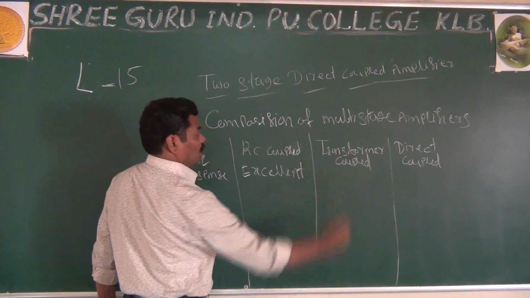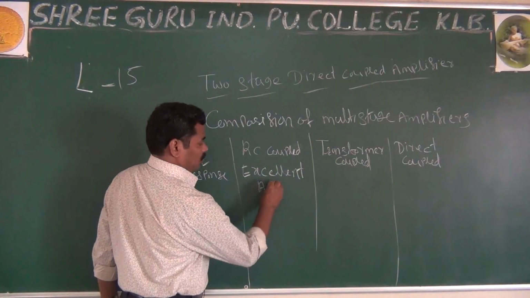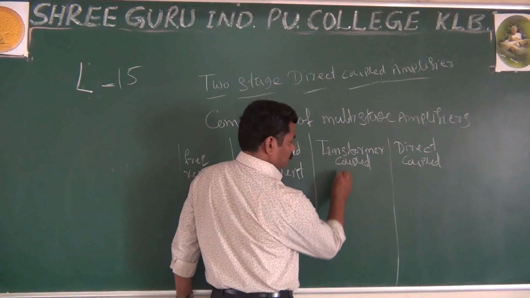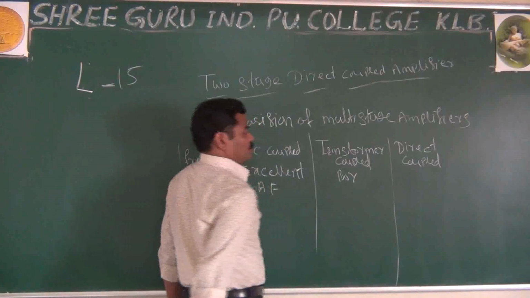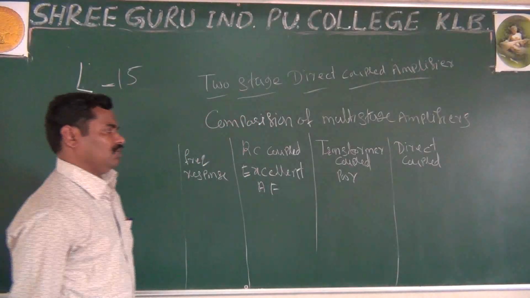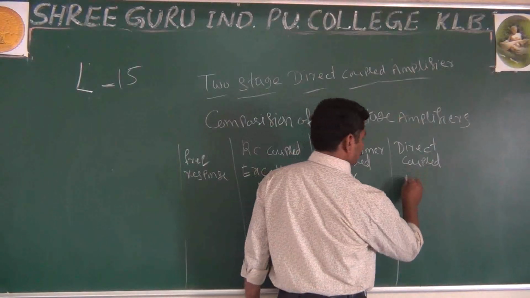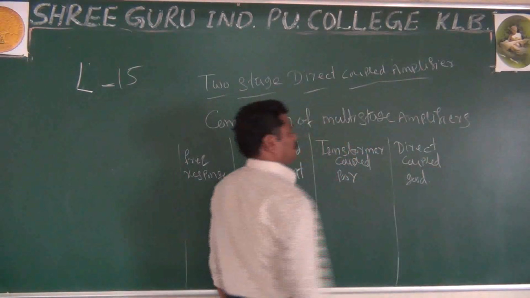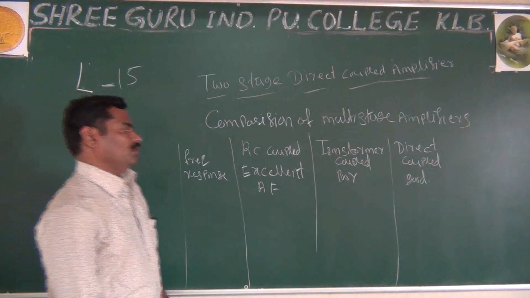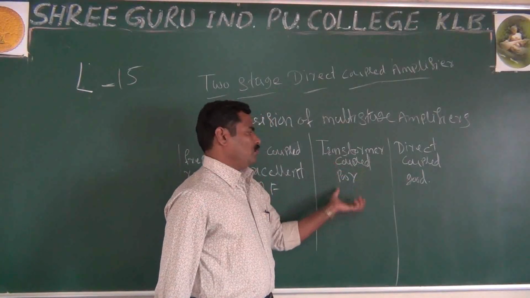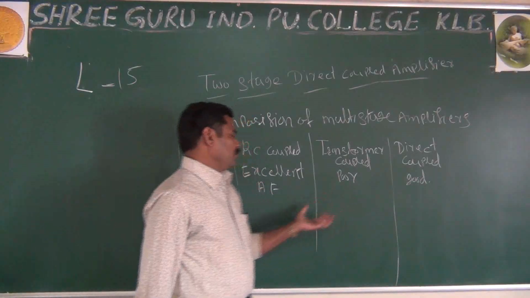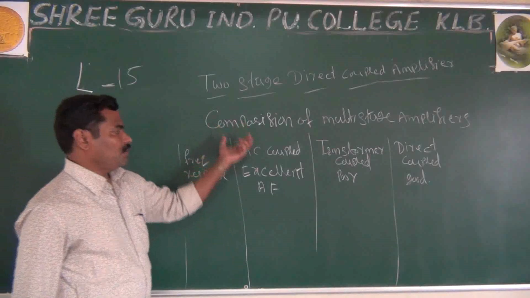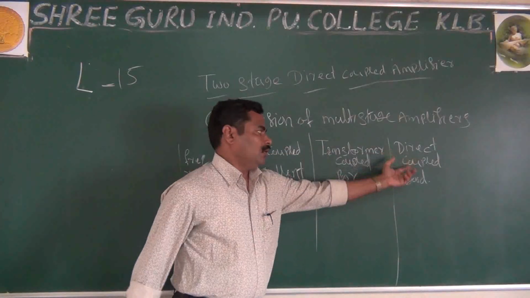And as we know, the frequency response is very poor for the transformer coupled. And it is good for the low frequency. The frequency response is very good for the direct coupled, and it is excellent for the audio frequency in RC coupled. That is the comparison of RC coupled, transformer coupled, and direct coupled.